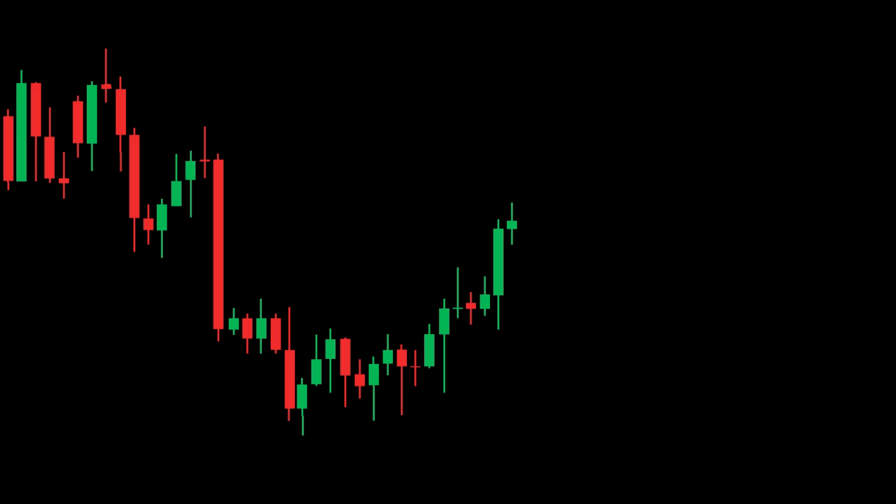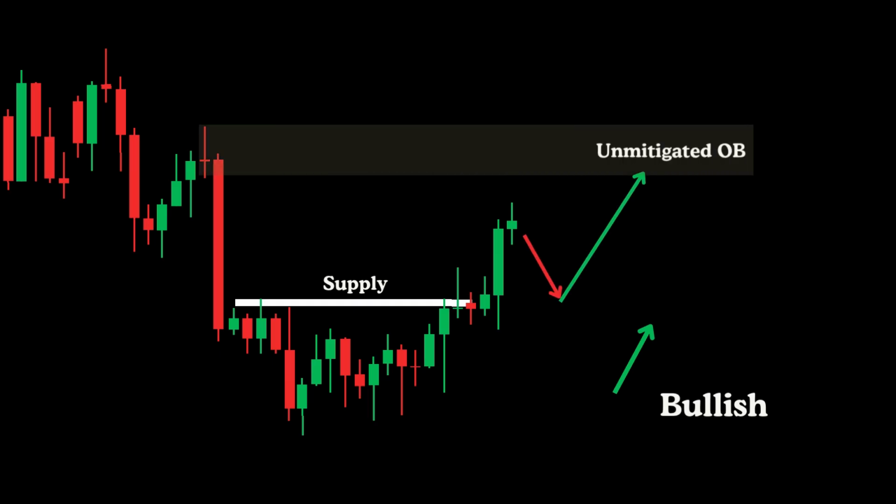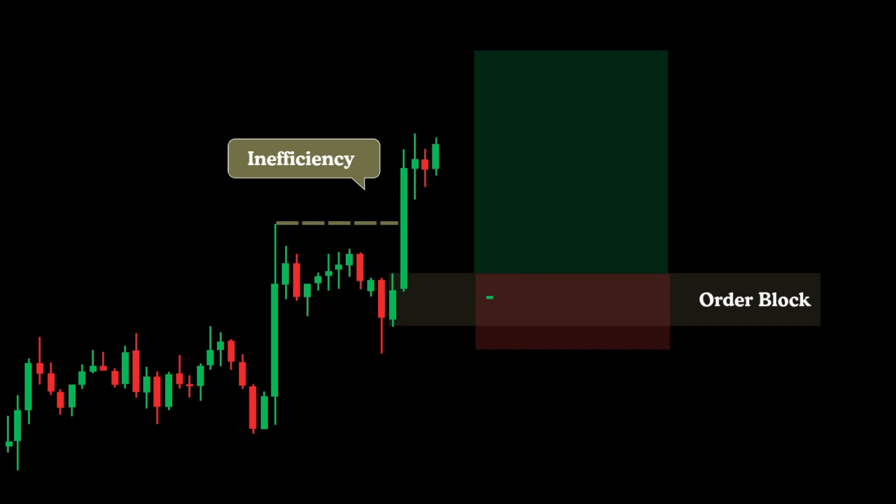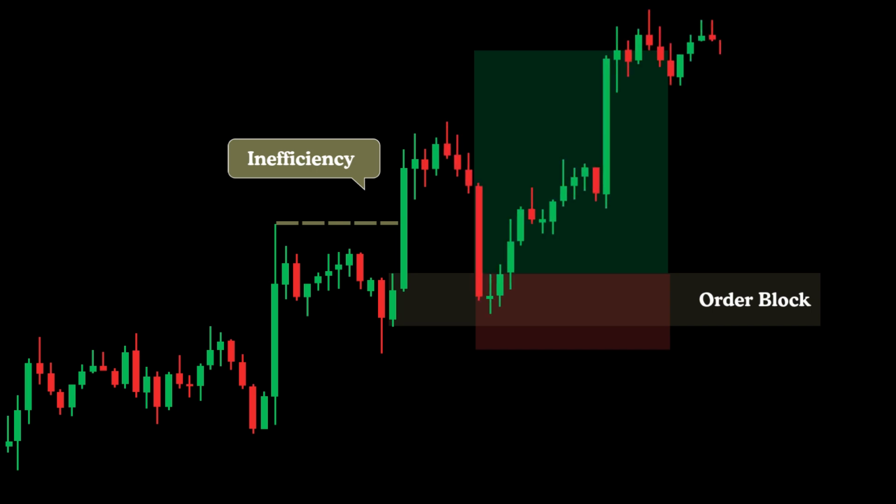On the 4-hour chart, we can see a recent breakout above these supply zones, indicating that demand is currently in control. There's also sufficient space for price to move before it hits the next unmitigated supply zone ahead. This setup could turn out to be an ideal trade, as it aligns higher time frame key zones and directional bias with a precise lower time frame entry strategy.